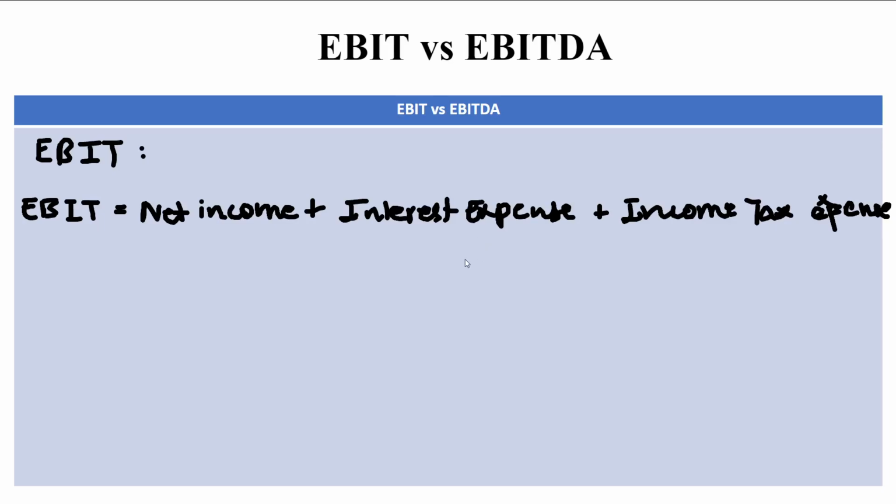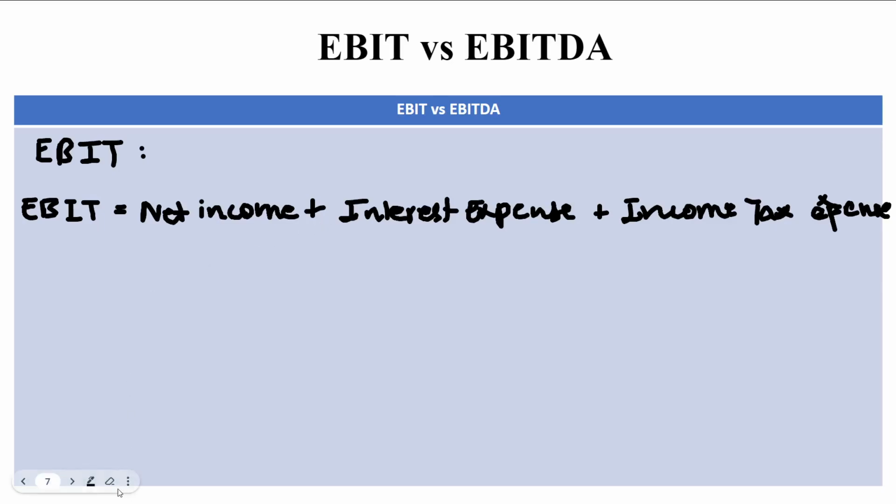Now let's look at an example. Let's say a company has a net income of $100,000, interest expense of $20,000, and income tax expense of $30,000, and you're asked to calculate its EBIT.